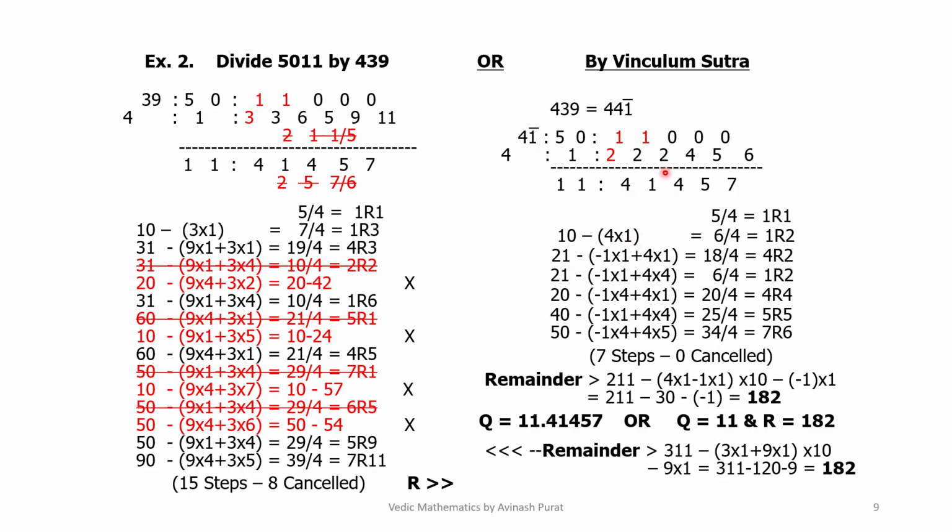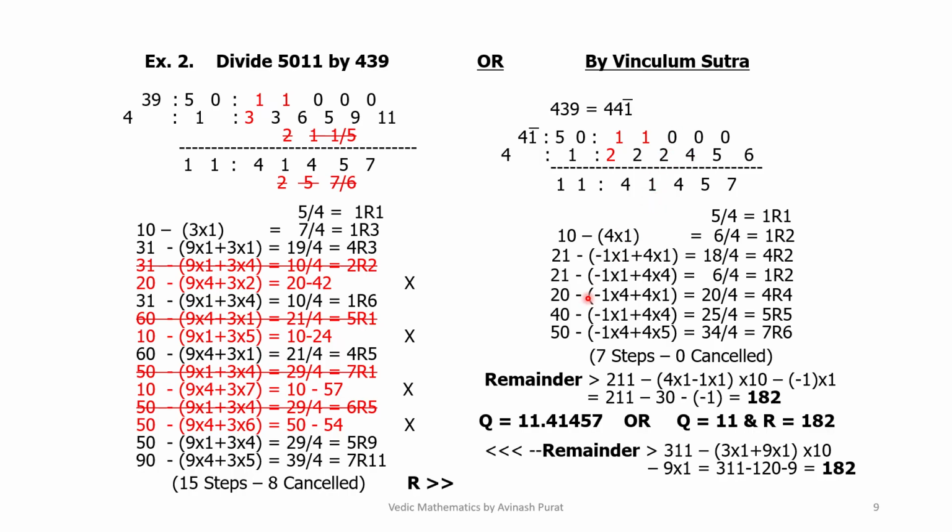Now again 21 minus bar 1 into 1 and 4 into 4, that is 16 minus 1, 15. 21 minus 15 is 6. 6 divided by 4 is 1 quotient and 2 remainder.